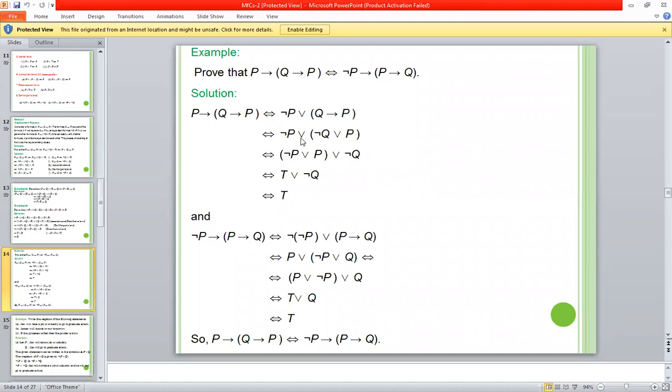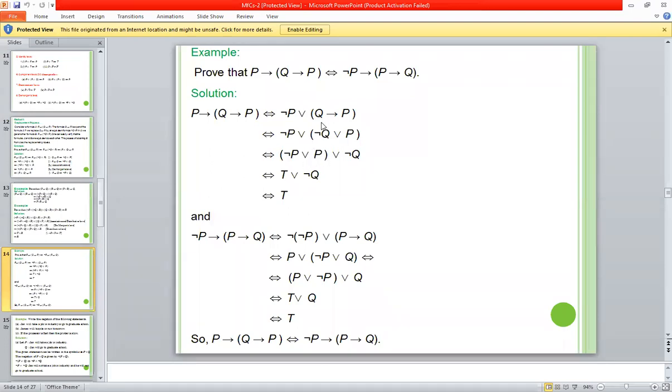Outside of the parenthesis and inside of the parenthesis, same connective, so we apply the associative law: negation P or P or negation Q. Negation P or P is equivalent to true, by the negation law, or negation Q.